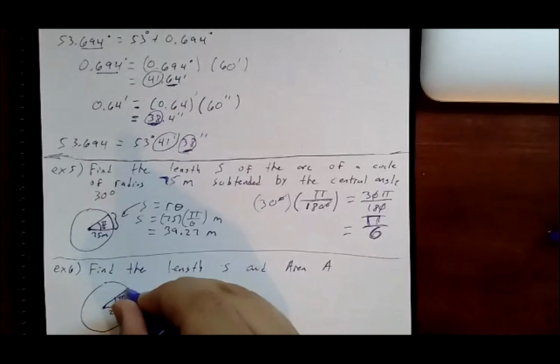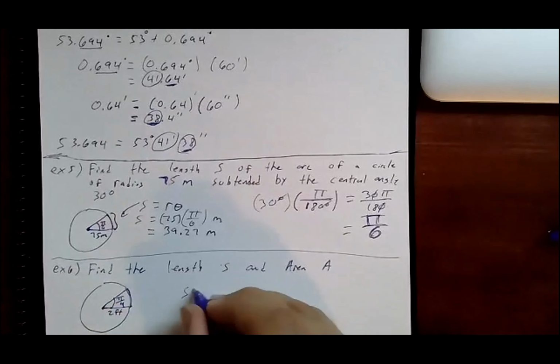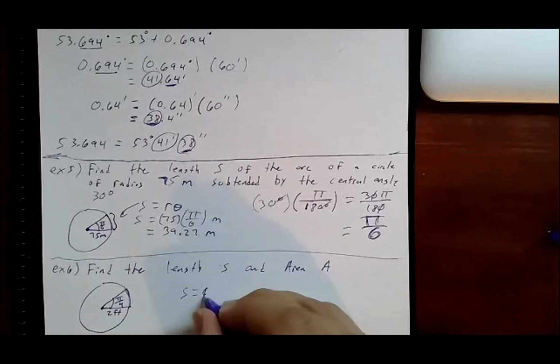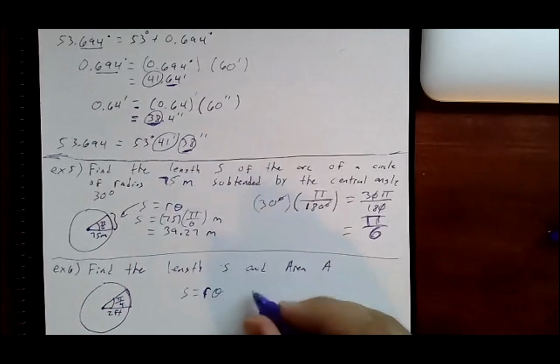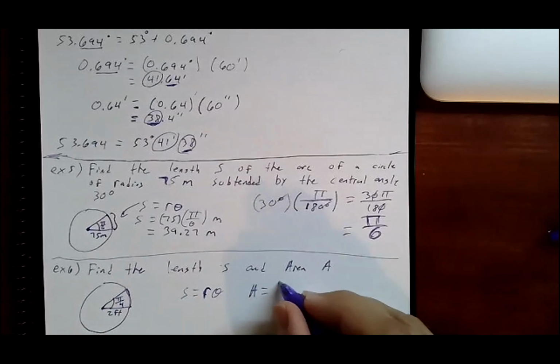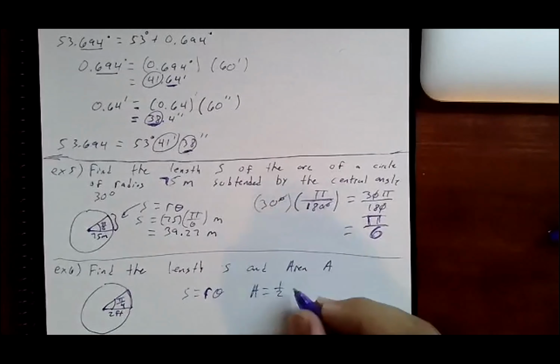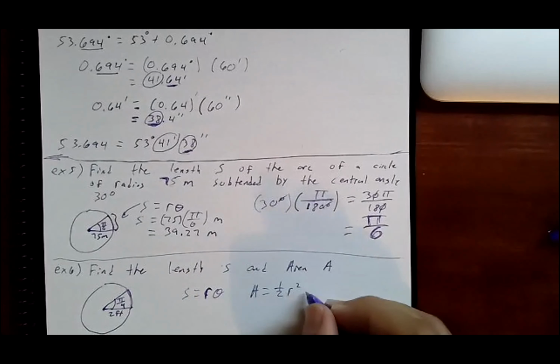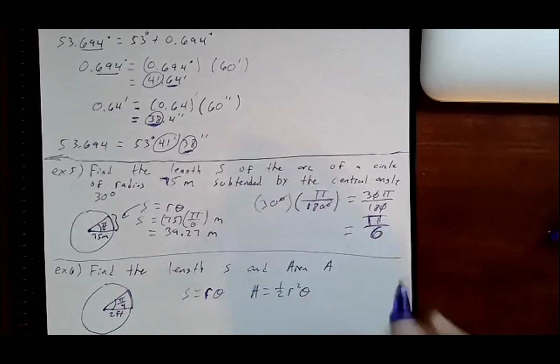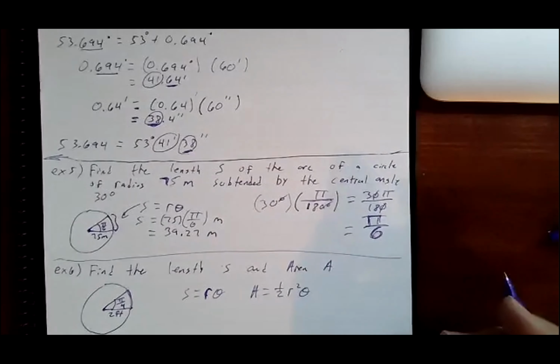Find S and A. So S, we said, was r theta. A is 1/2 r squared theta. Let me double check though. I don't trust myself. Yeah, you're right.